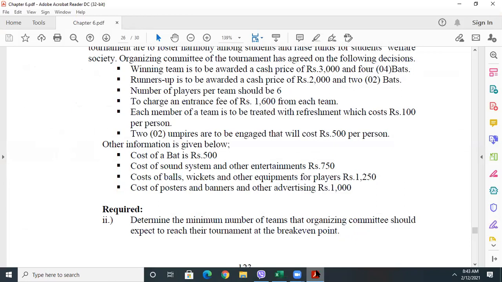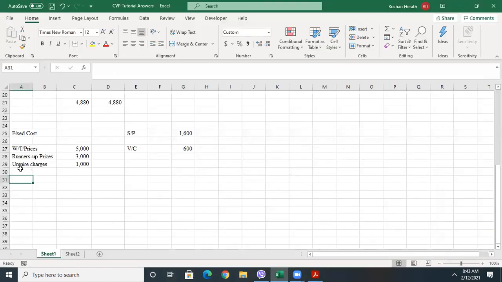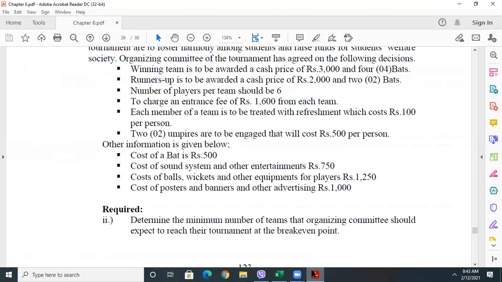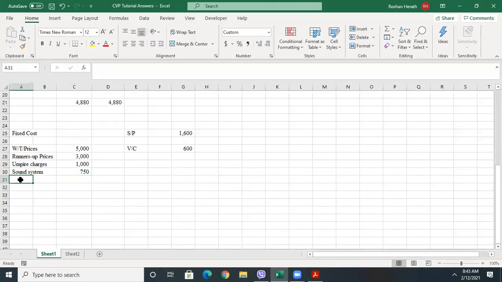Cost of a bat is 500 considered. Cost of the sound system, it's again a fixed cost. Sound system, it's 750 or something. Then you have the cost of balls, wickets, and other equipment.